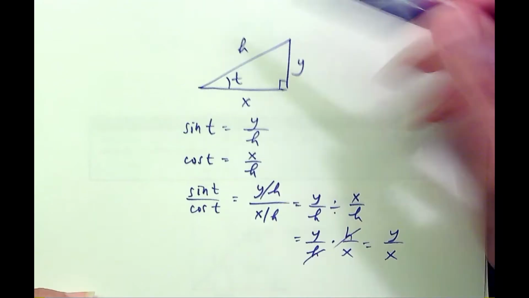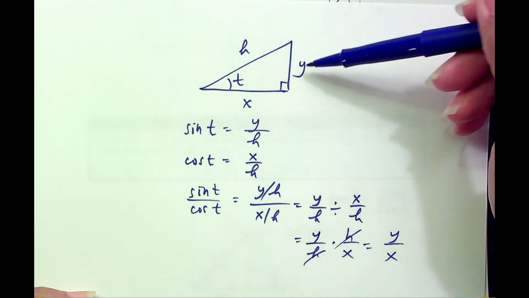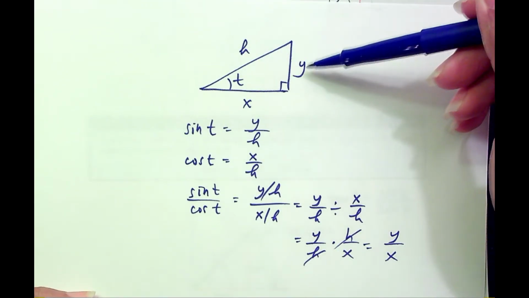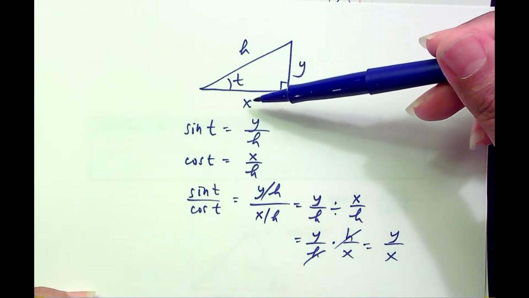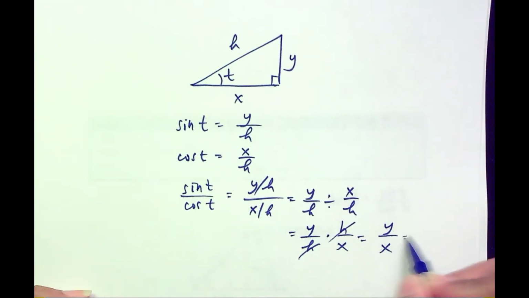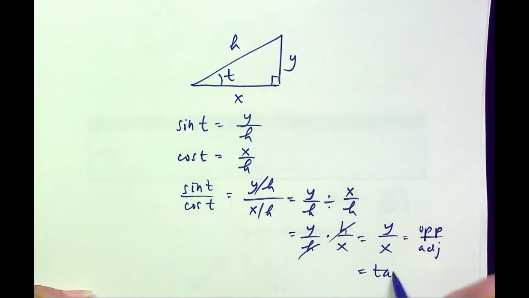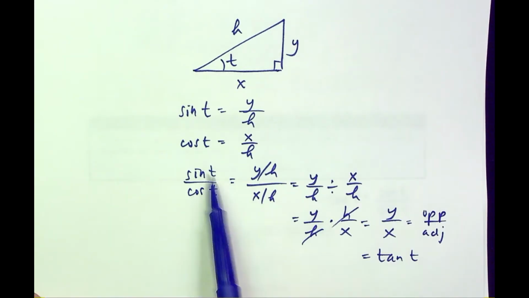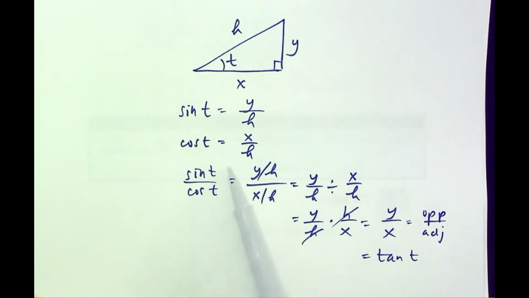But what is y over x? This is opposite over adjacent, which is precisely the tangent. So that means that tangent is always the same as sine over cosine for angles between 0 and 90, and then we say that this actually holds for any angle whatsoever.